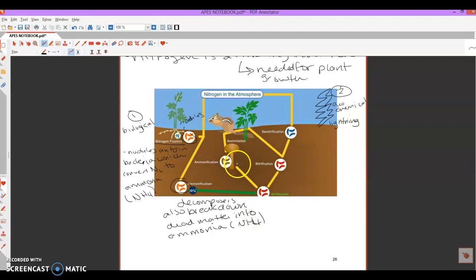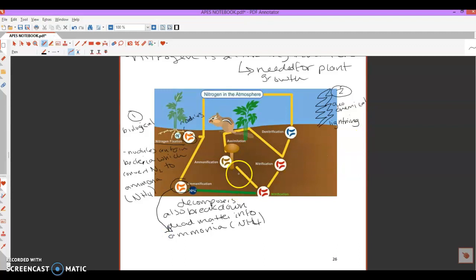So you have ammonia coming from biological fixation, and you have ammonia coming from decomposition. And so this is called ammonification. Ammonification is the production of ammonia. That's what it's called for, okay? It's the production of ammonia.